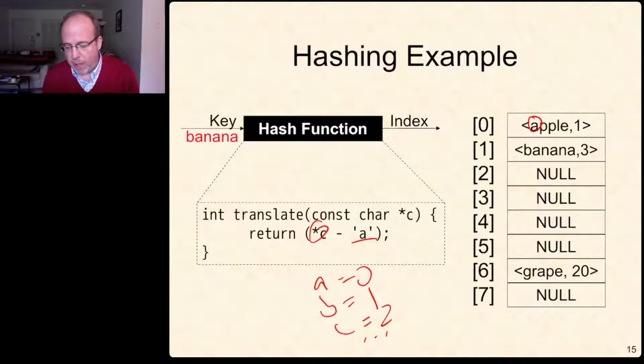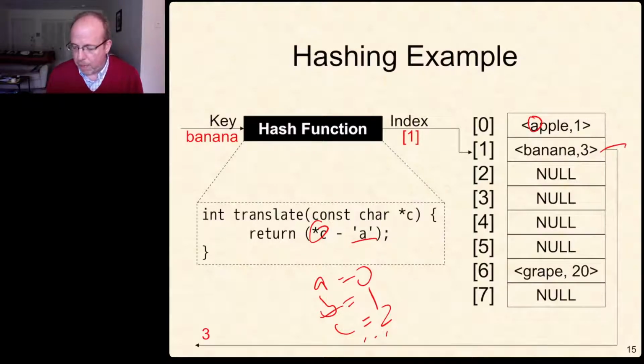If we were given banana, the first letter is B, B minus A is 1, so banana sits at index 1 in our hash table. And if we're looking up the value, it would return the value associated with banana, and that's 3.